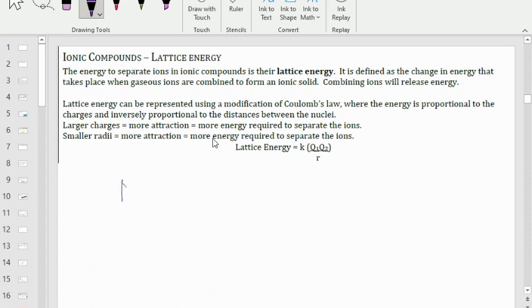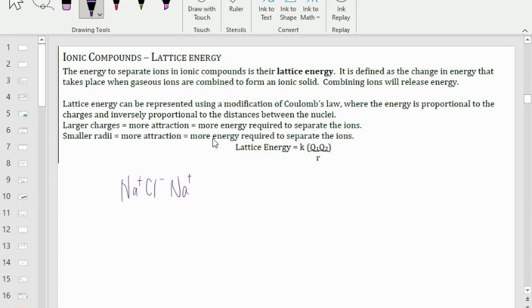You have this alternating arrangement in a three-dimensional world, creating a lattice structure. So it's the energy needed to separate the bonds between these different ions. Combining ions, bringing them back together, will release energy.